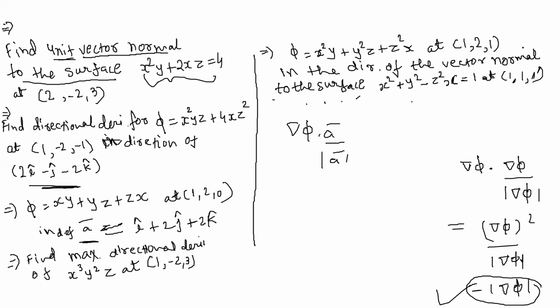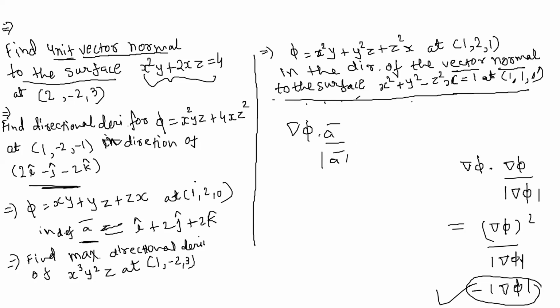So what is the change in this question? In the direction of the vector, but you have to find the vector. Now how will the vector be found? What is that vector? That vector is normal to the surface at the given point. So first thing, what will you do? You will find out that vector. How will you find out that vector?